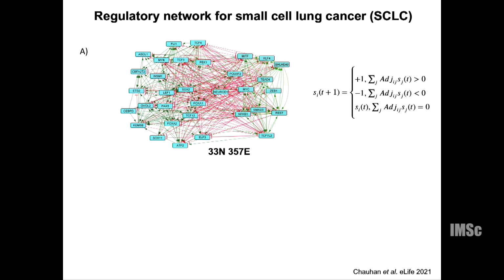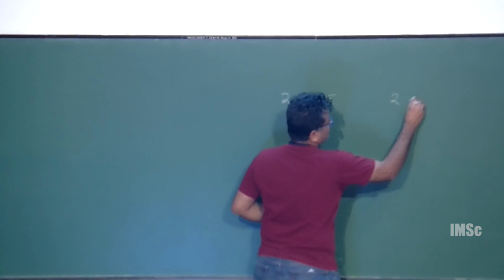And if the number of activations and the number of inhibitions is equal, you do not update the node. If it was on in the previous step, it stays on. If it was off in the previous step, it stays off. Okay, very simple majority rule. Now, for a simple toggle switch, our simple toggle switch is, you have 2 nodes, 2 edges, and you predominantly get 2 states.